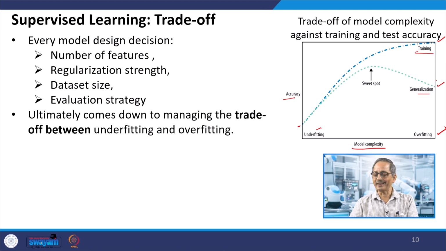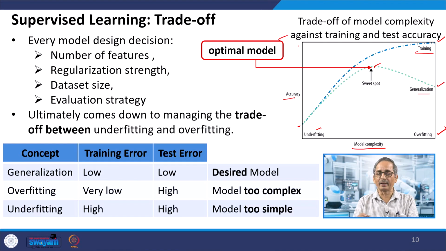So, what is to be done? We need to find some sweet spot where we can have an optimal model. Every design decision matters: how many features we are going to take, the regularization strength, the data set size, and what our evaluation strategy is going to be.